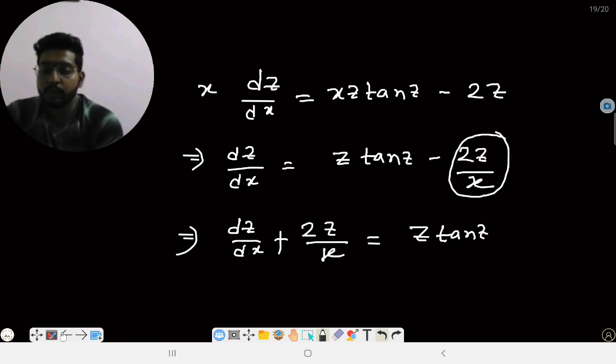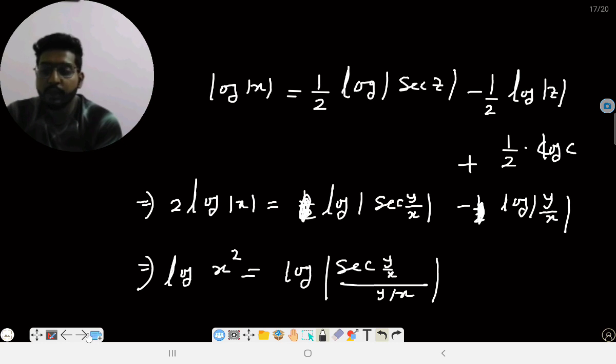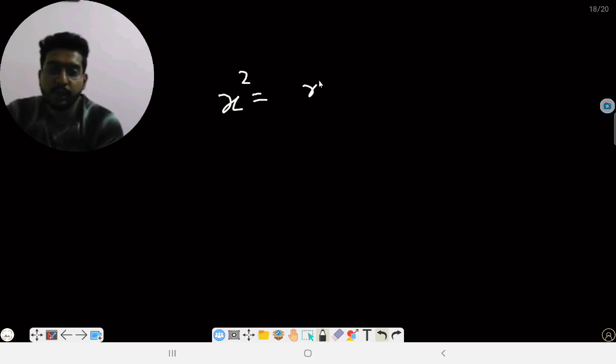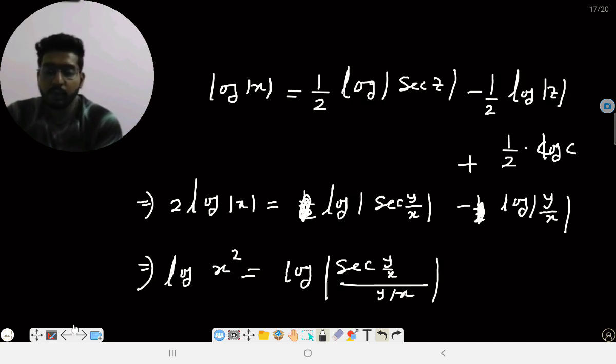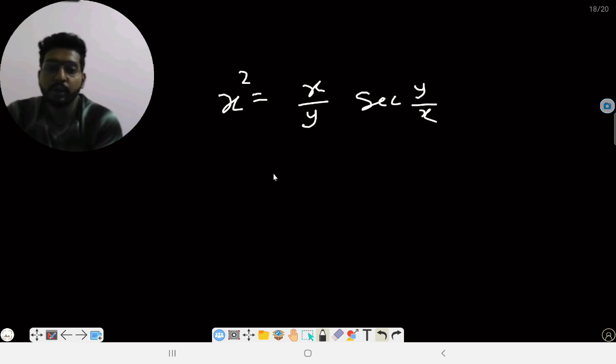So from here we can write x square equals what? x square equals sec y by x, that will become like this, x by y sec y by x. Now here x and x will be cancelled, so x y equals sec y by x.